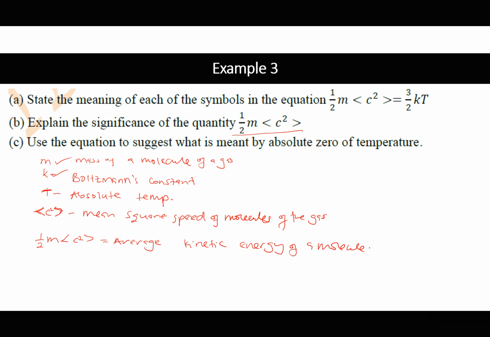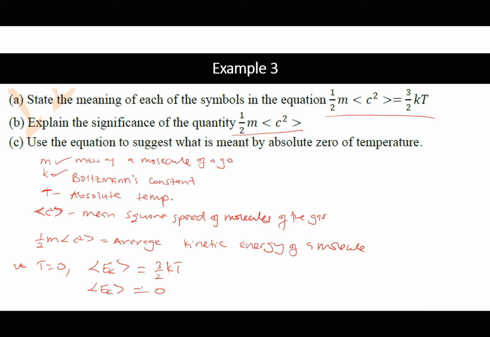Then use the equation to suggest what is meant by absolute zero of temperature. We are using this equation to explain what is meant by absolute zero. At absolute zero, that is T equals 0, since the average kinetic energy of a molecule is equal to 3/2 kT, then at T equals 0, the average kinetic energy of a molecule is also 0.